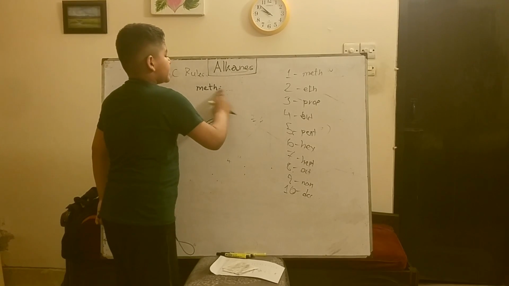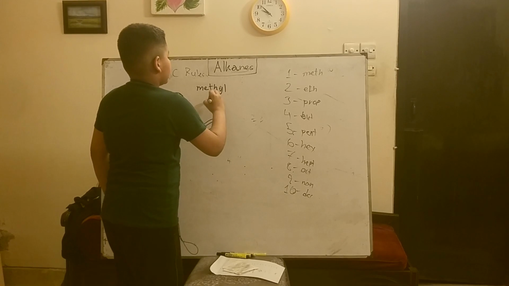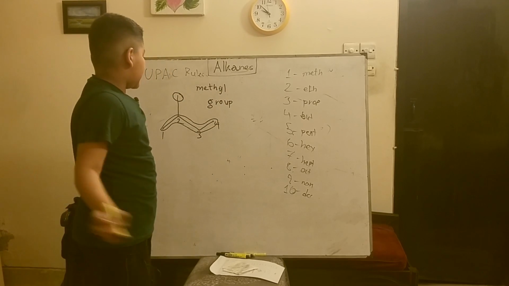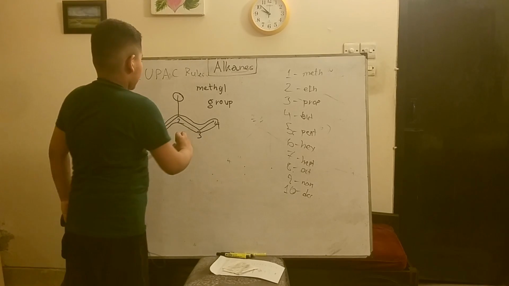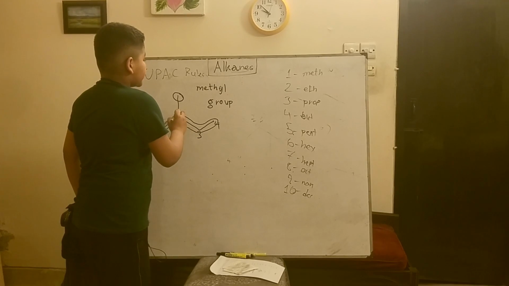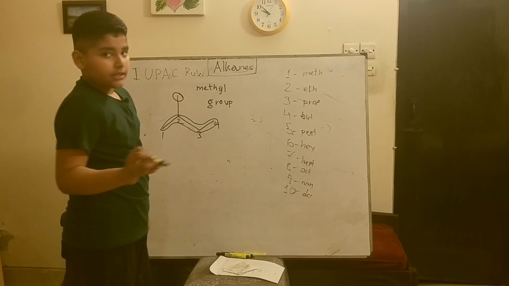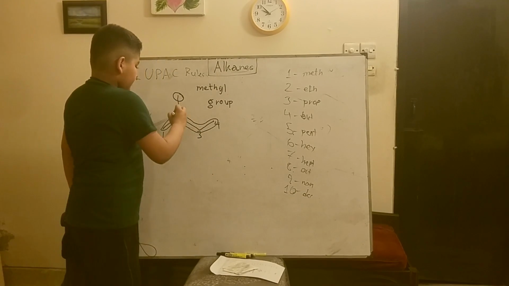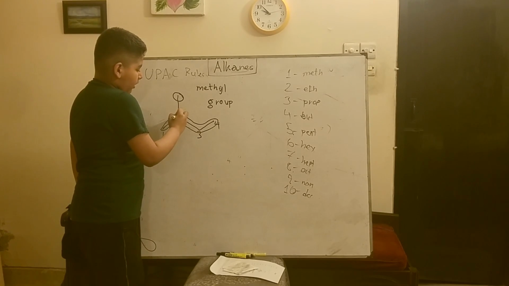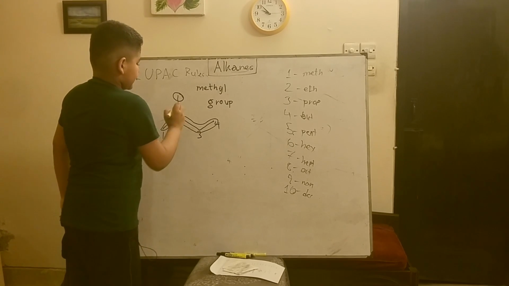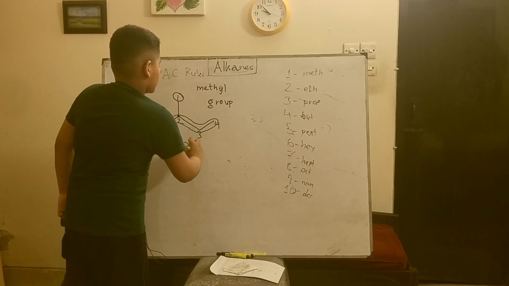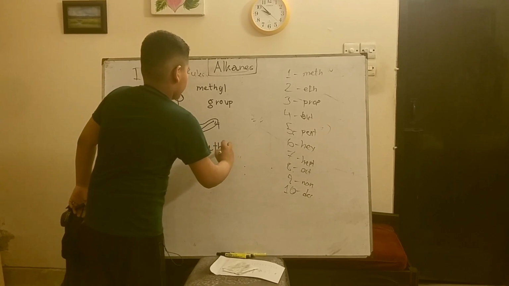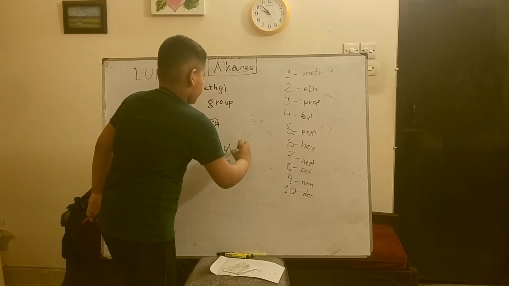So here we'll write methyl group so that we don't get confused by methane. And we write it and we also have to point the location in the IUPAC name of the formula. And the location is on carbon 2, means this. So we write 2-methylbutane.